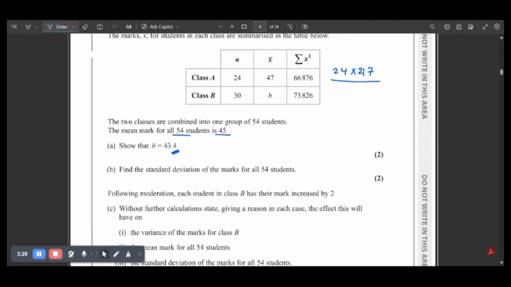Multiplying the number of students and the average mark will give us the sum of marks in each class.